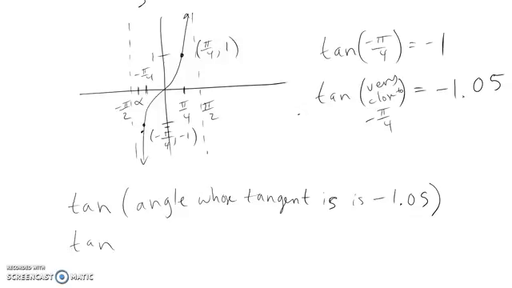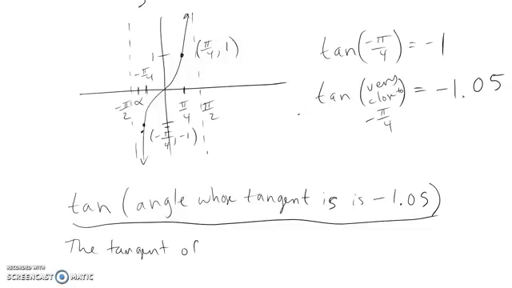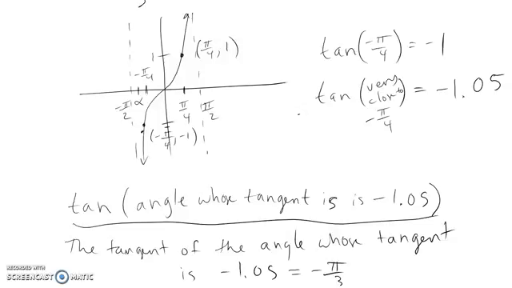Now, I'm sorry, let's back up. What is the tangent of the angle whose tangent is negative 1.05? Another way to say this is the tangent of the angle whose tangent is negative 1.05 or negative pi over 3.